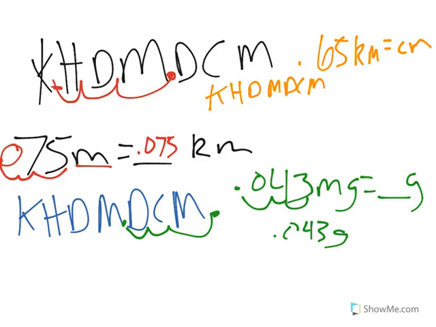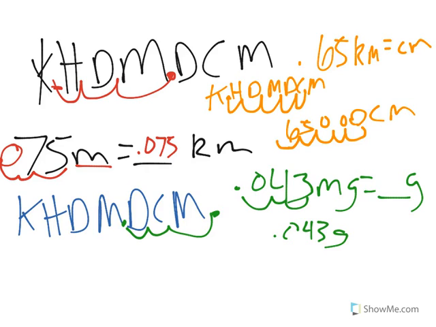I start at the K, and I'm going to go to the C. So I've got to count 1, 2, 3, 4, 5 spots. So I start, write down 65. I'm starting here. 1, 2, 3, 4, 5. And I plug in zeros where it is. So 0.65 kilometers is 65,000 centimeters.